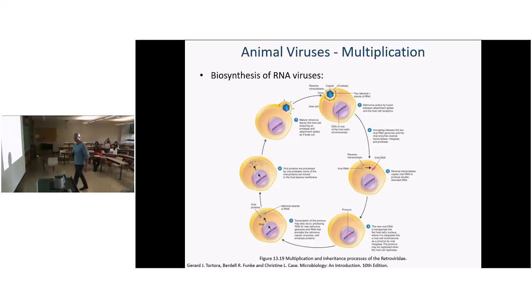This is not something that lots of the eukaryotic cells do. You don't go from RNA to DNA, but if you look at how they are produced and all that coding, as long as you have the enzyme to do that, it shouldn't be a problem. You should be able to produce a DNA molecule from your RNA molecule.